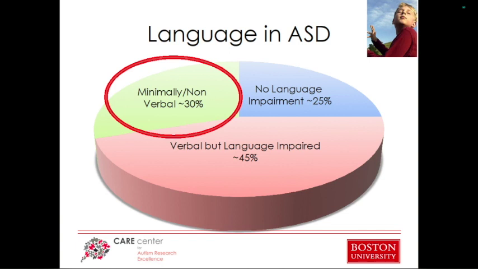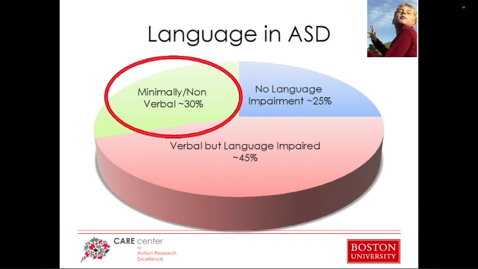So we see these early patterns, and the brain organization for language emerges pretty early in development, and there is something about carrying the heritability for autism that leads to this atypical organization for language.